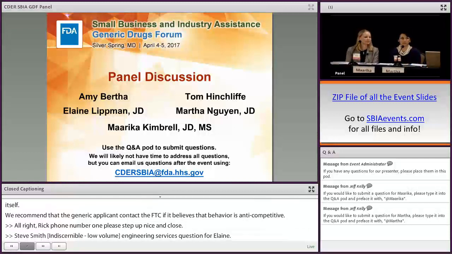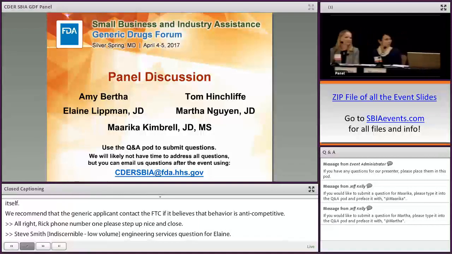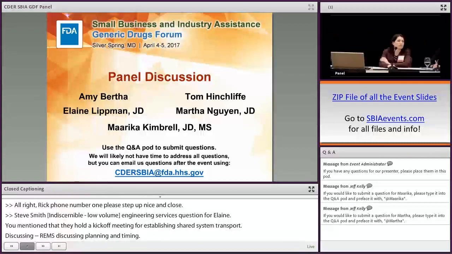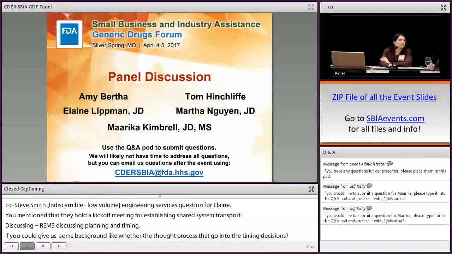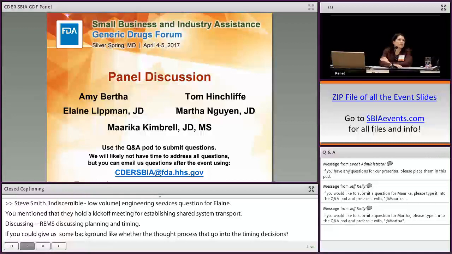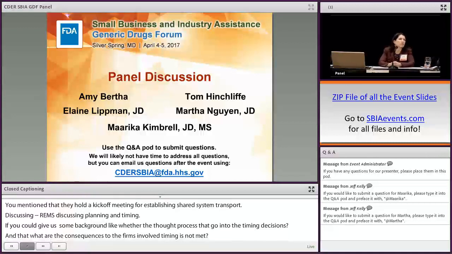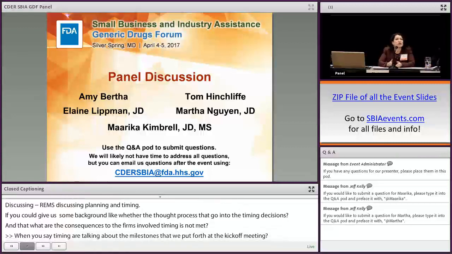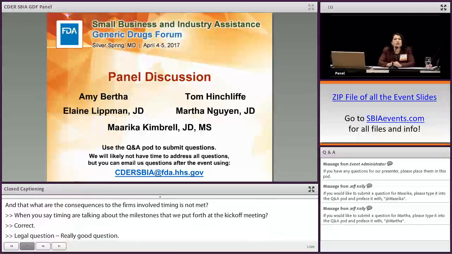That's a voluntary restrictive distribution program? Let's just assume that it is. If there's not a REMS ETASU associated with the RLD product, and it's a restriction that is being imposed by the RLD holder itself, we recommend that the generic applicant contact the FTC if it believes that behavior is anti-competitive.